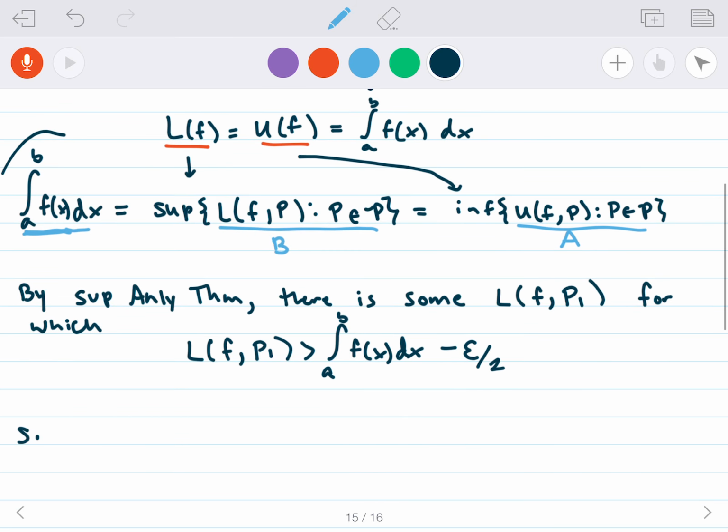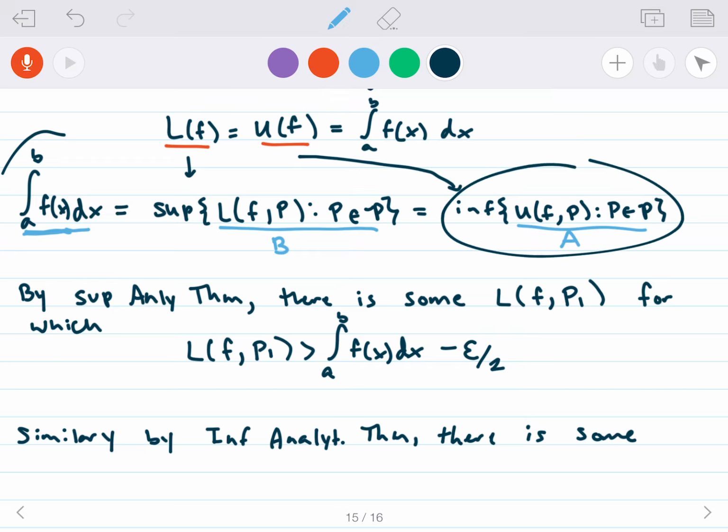And so similarly, by appealing to the infimum analytic theorem, there is something in the other set. So there is some upper sum in this set. Let's call it U of f,P2.